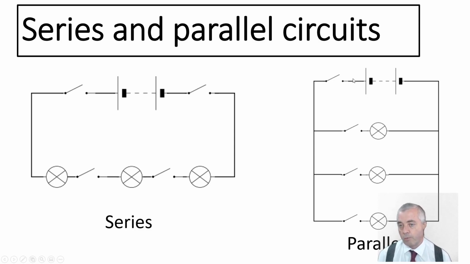Or as long as we've got this switch here closed, we'll talk about this switch a bit more in a moment, we could just close that switch and have just this lamp on. If we wanted to turn them all off at the same time, we could close all of those 3 switches but open that one. So that switch can control all 3 of them. These switches control each individual bulb.